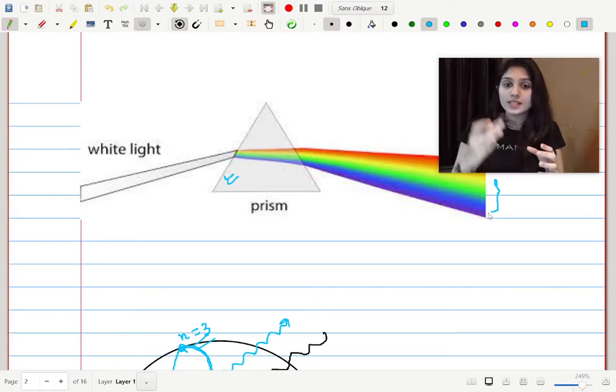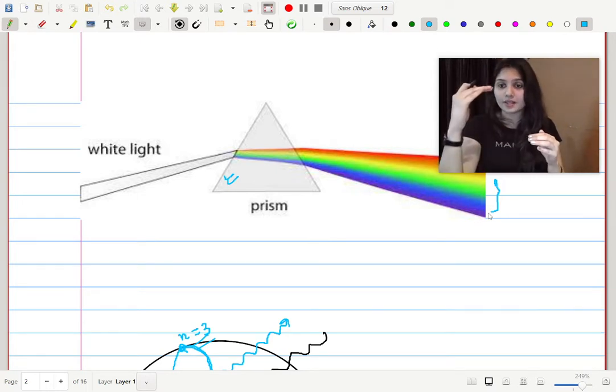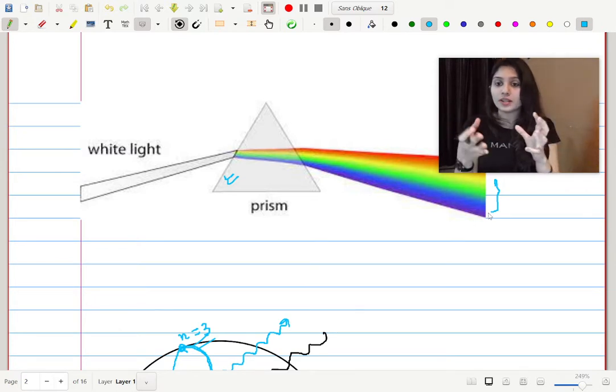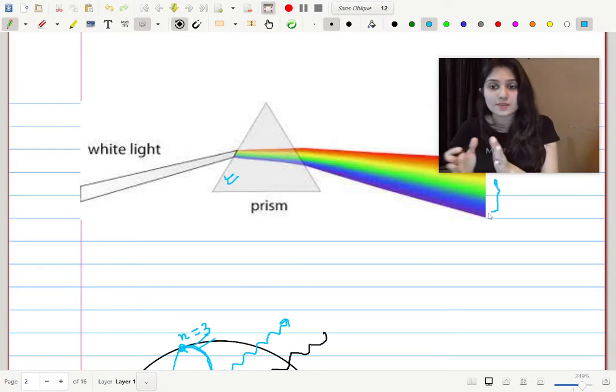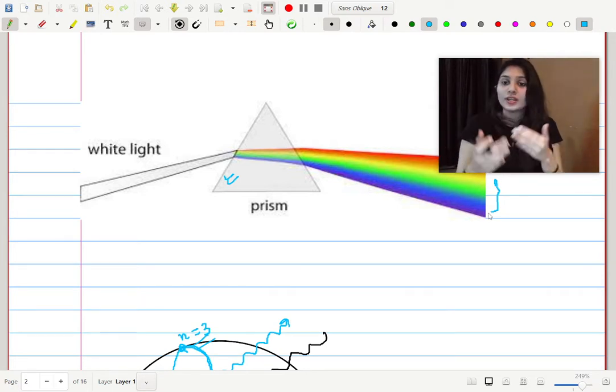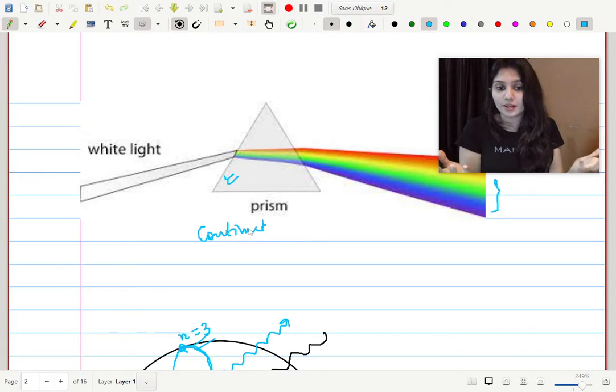We see these colors in a continuation manner. We see red, orange, yellow. All these colors are present without any spaces. It's not that there is a space after red, then yellow, then a space, then orange. It's not like that. They are just in continuation. So this kind of spectra is called a continuous spectra.